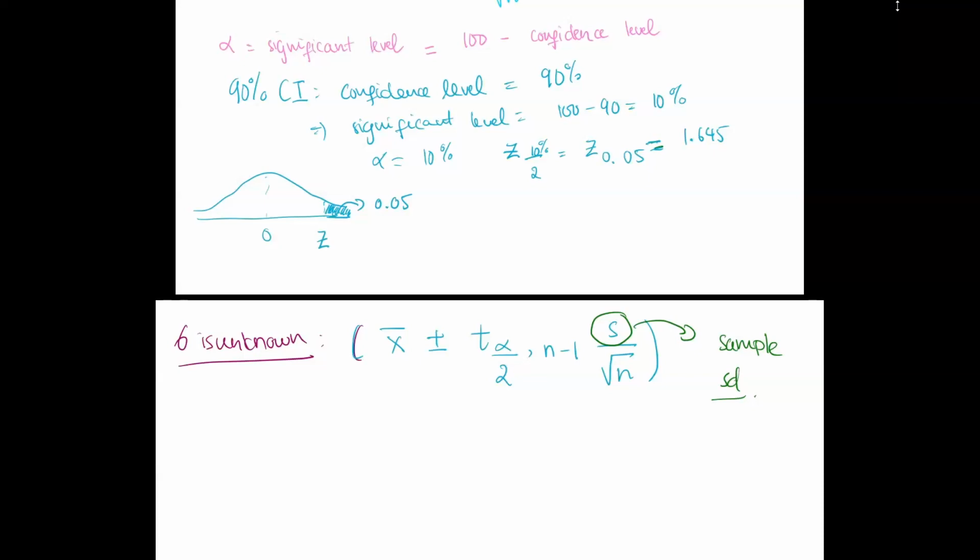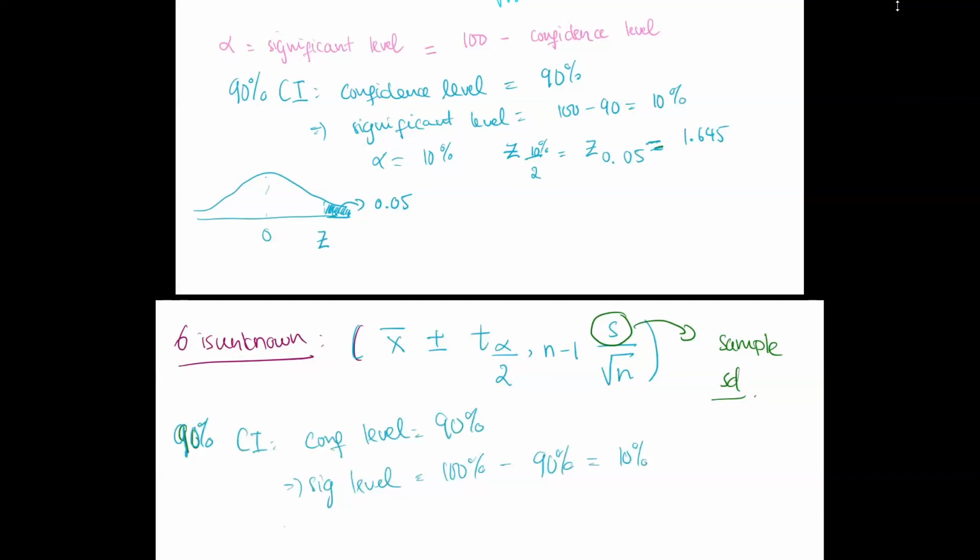And again, it's very, very similar to what I just did. 90% confidence interval means that your confidence level is 90. Then your significance level is 100% minus 90%, which should give you 10%.